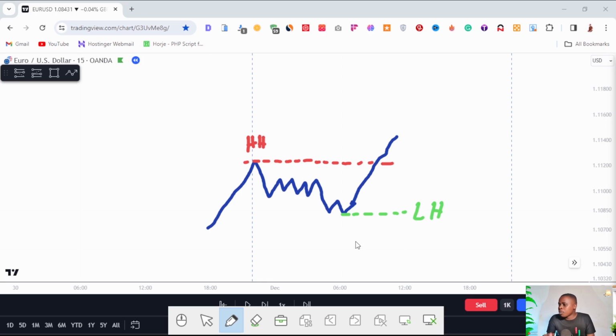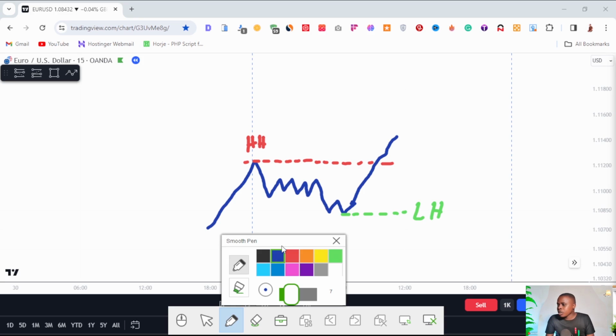So now from this point, since the market broke here, even if you start doing this, this is still an uptrend until it goes and breaks below the lower high. Then I will say this is no longer an uptrend, all right?